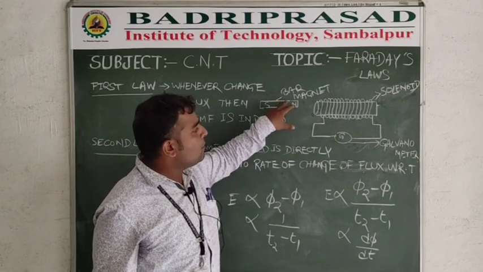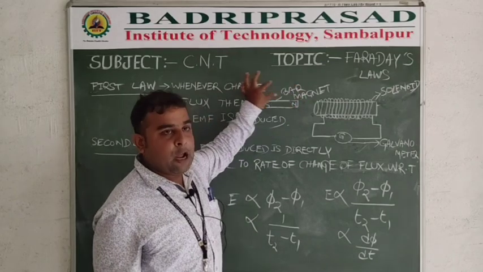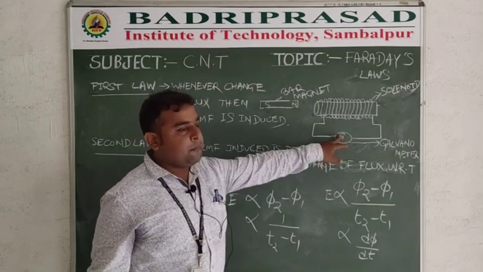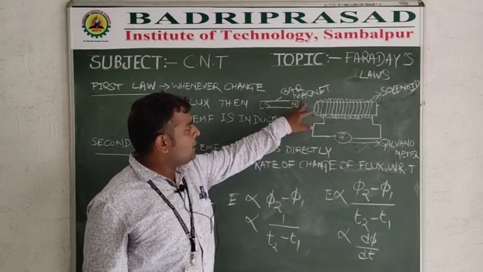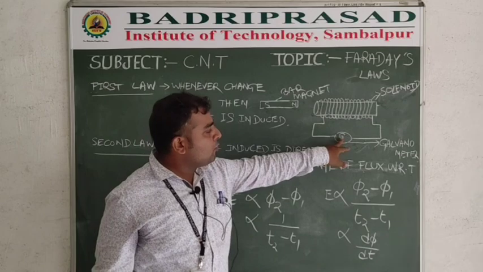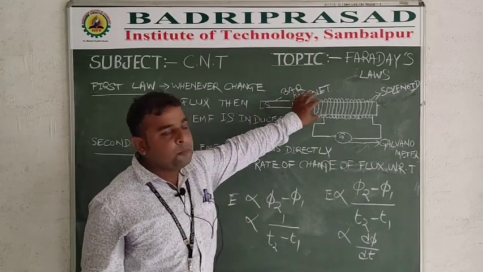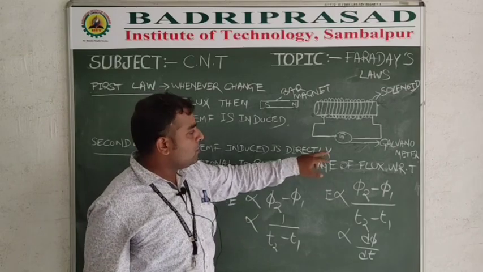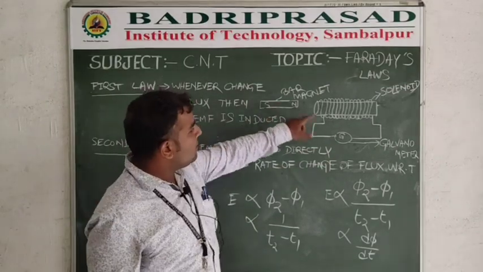If the N pole is moved away from the solenoid, the galvanometer shows left side deflection. Similarly, if the S pole of the bar magnet is moved towards the solenoid, it shows left side deflection, whereas if the S pole is moved away from the solenoid, it shows right side deflection.